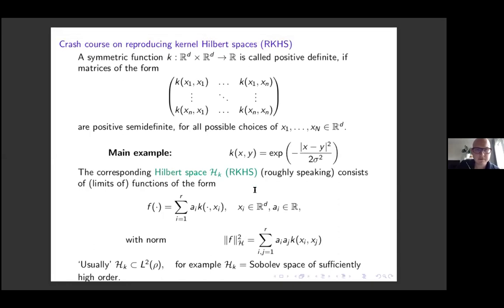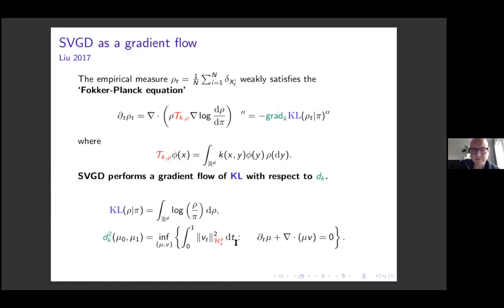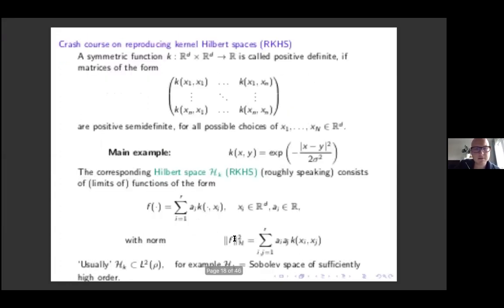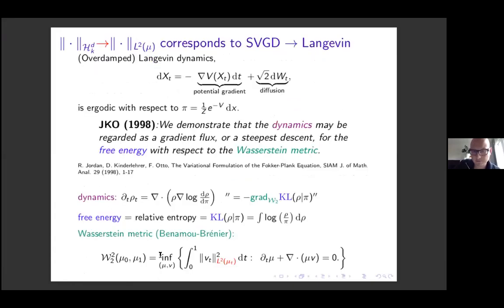So this is really what is there here. And of course, this looks very familiar to many people because this looks like the Wasserstein-Benamou-Brenier formulation. And I'd like to explain this a little bit. So if in this definition that we just had, so this here below, we exchange the reproducing kernel Hilbert space norm by the L2 norm, then we get here the Wasserstein distance between the measures.